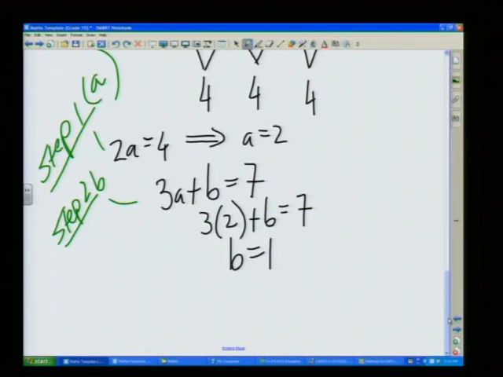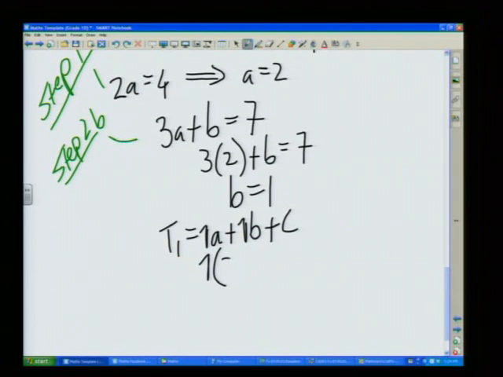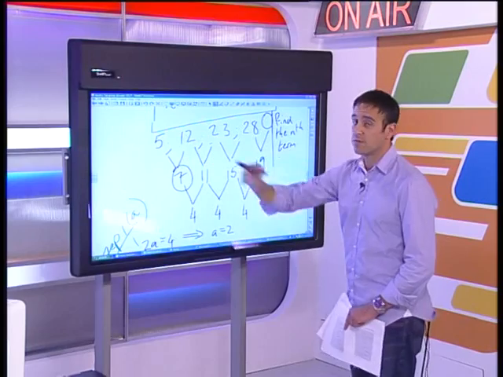Remember, I've just calculated a and b. Let's plug those in. So I get 1 times a, where we've already said that a is equal to 2, plus 1b, which is 1 times 1, plus c, which I don't know yet, and that is equal to the very first term, T1. And T1 is just the very first term in my sequence, which of course is 5.